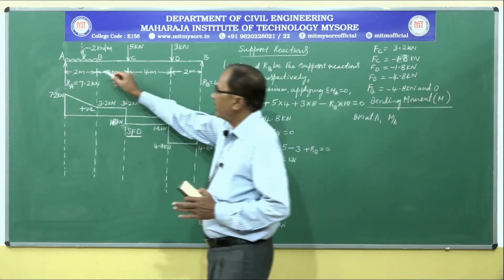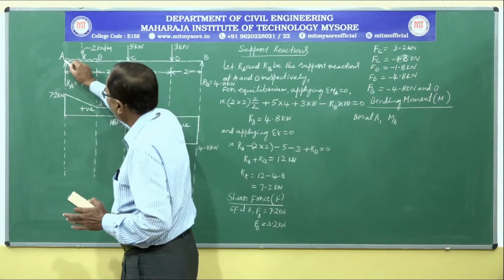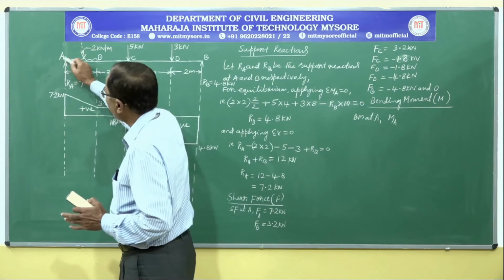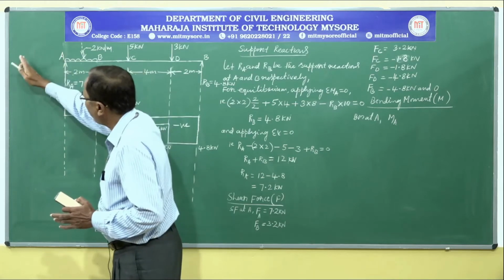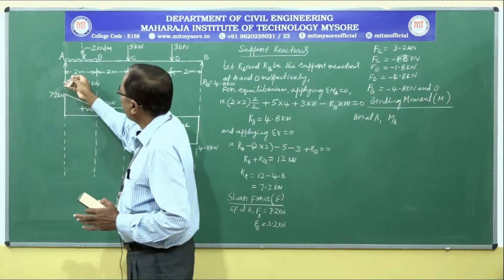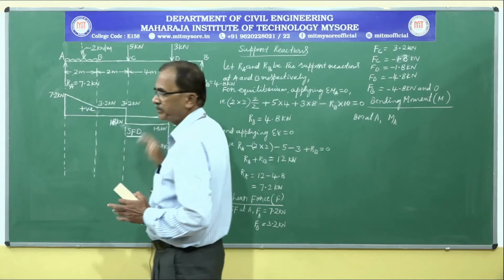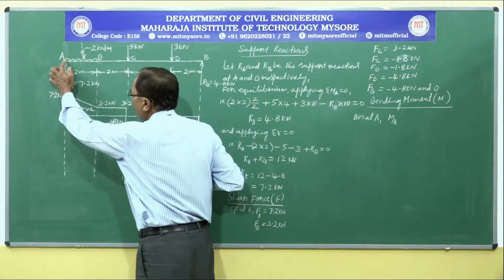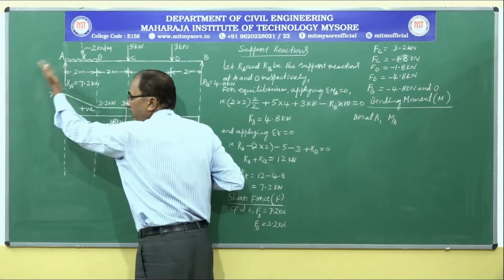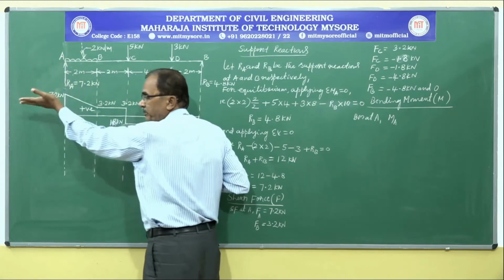Here at point A, bending moment at point A is equal to the algebraic sum of moment of all the forces to the left of point A or to the right of point A. If you consider the forces and moment to the left of A, there are no forces and no moment.